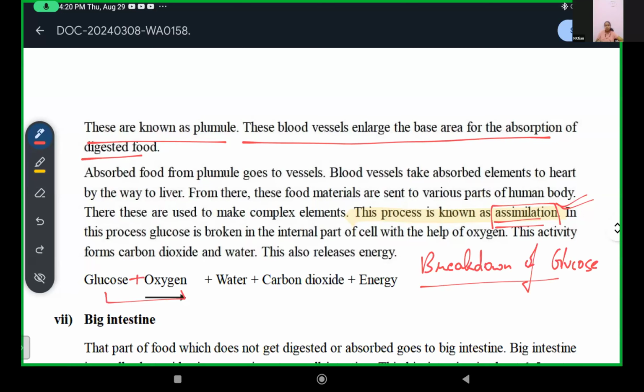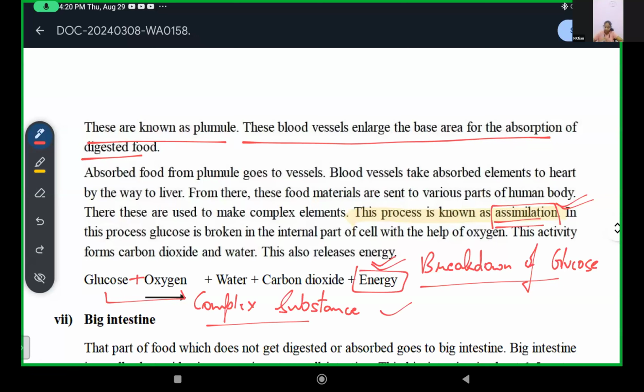Glucose is a complex substance, so its breakdown takes place with the help of oxygen, and it releases CO2, water and energy. Energy is also released in the process of this breakdown.